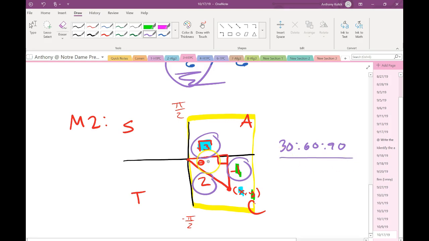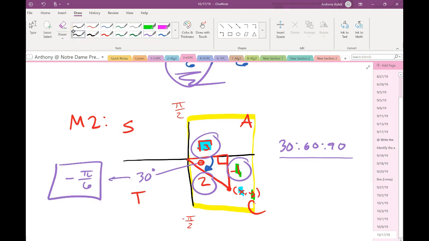So this angle here is 30 degrees. When I convert that into radians, that's pi over 6. And to get to that terminal side, I need to go clockwise, which means it's really a negative pi over 6.